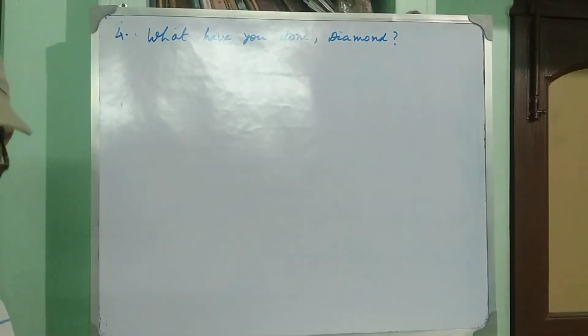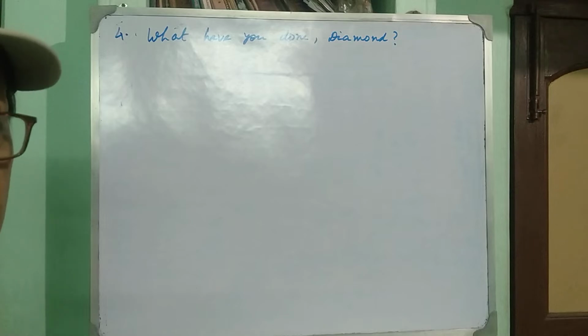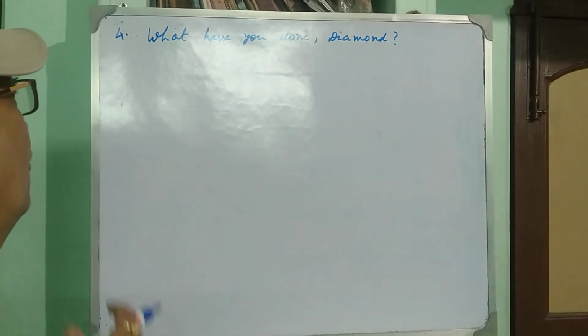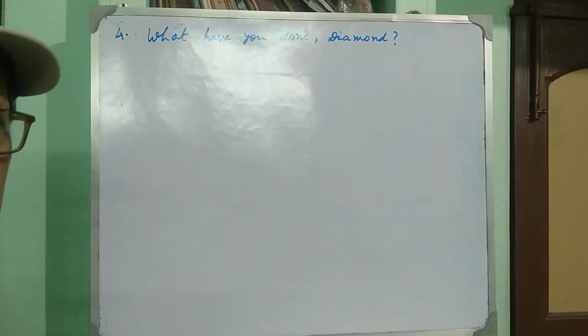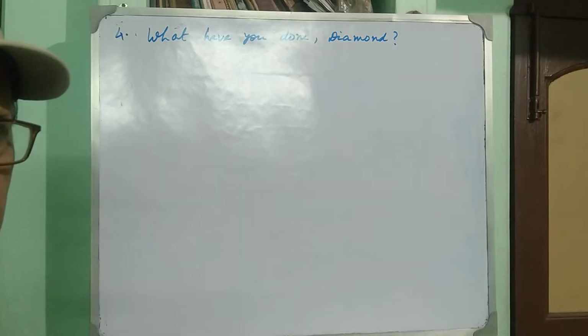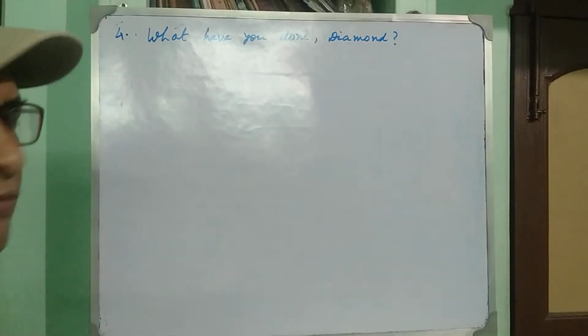Diamond was actually Sir Isaac Newton's pet dog. What have you done, Diamond? It is an example of an interrogative sentence in the present perfect tense.